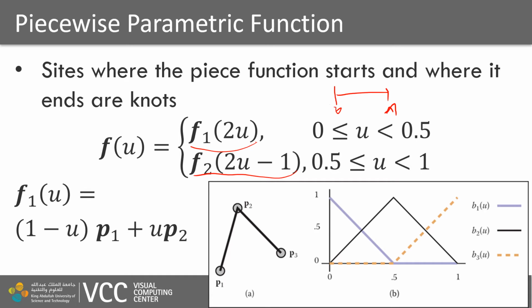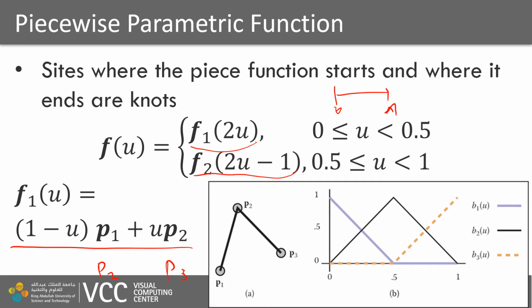You remember previously we defined our linear interpolation in this way, where we have 1 minus u multiplied with the starting point, plus u multiplied with the end point. A similar description will hold also for f2 u. We will just have here the p2, and here we will have the p3. Otherwise, the same formulation will remain.